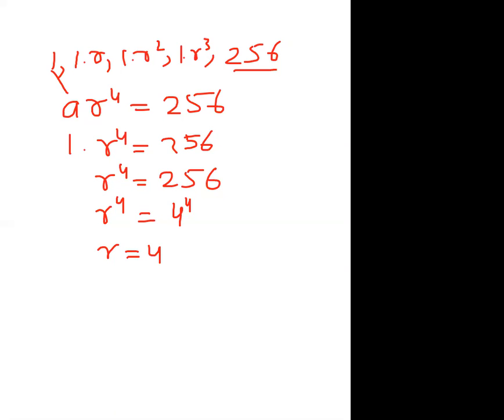So now the terms will be 1, then 4. So the three terms which were supposed to be inserted between 1 and 256, and the resultant terms must be a GP, is this. It's a really very good question.